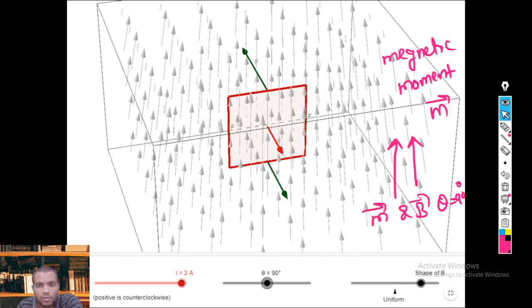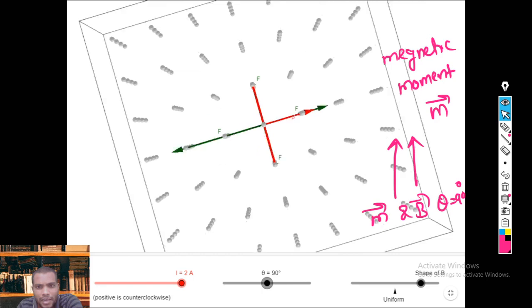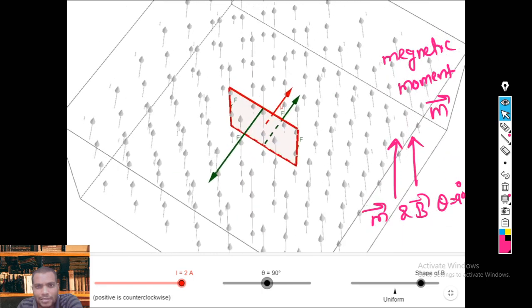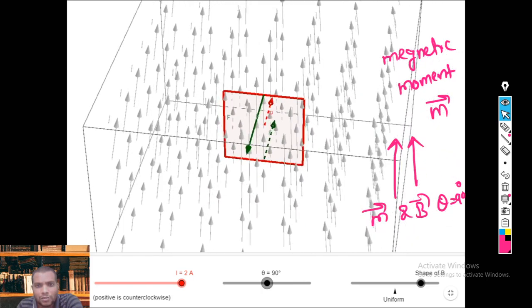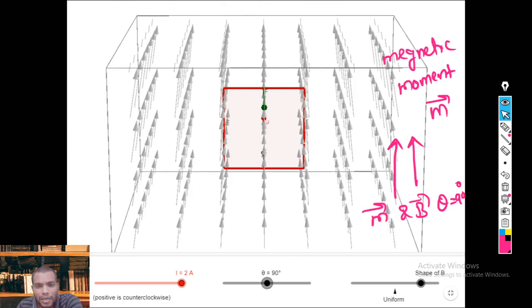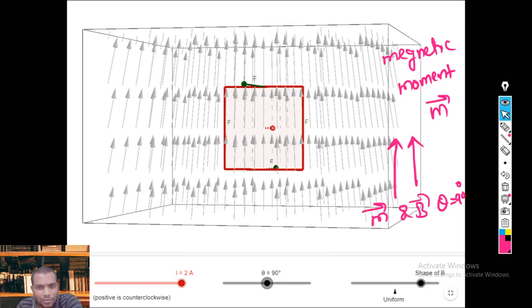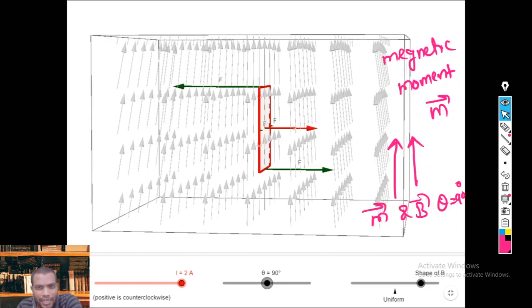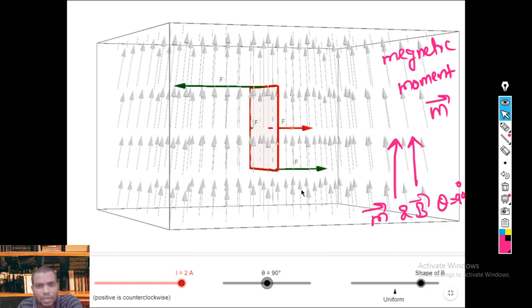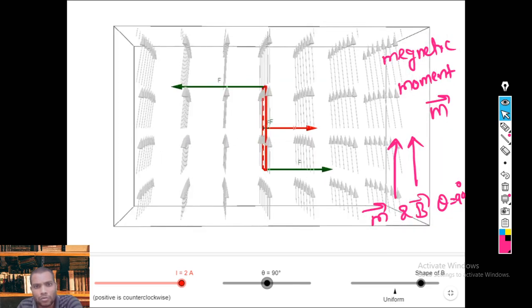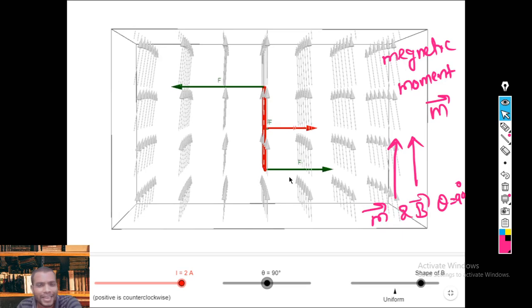If you label the armature as PQRS, the PQ side and the opposite side contribute zero force, since they are equal and opposite. They do not contribute any couple. But the other two sides contribute a net force, here you can see.